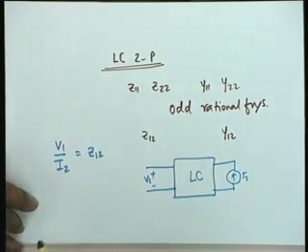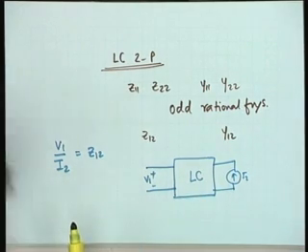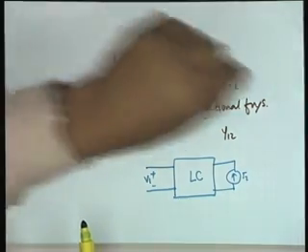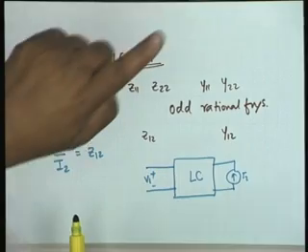The logic that I am extending is the following: if this is an LC network, any voltage in the LC network and any current in the LC network have to be 90 degrees out of phase in the steady state. Isn't that right?